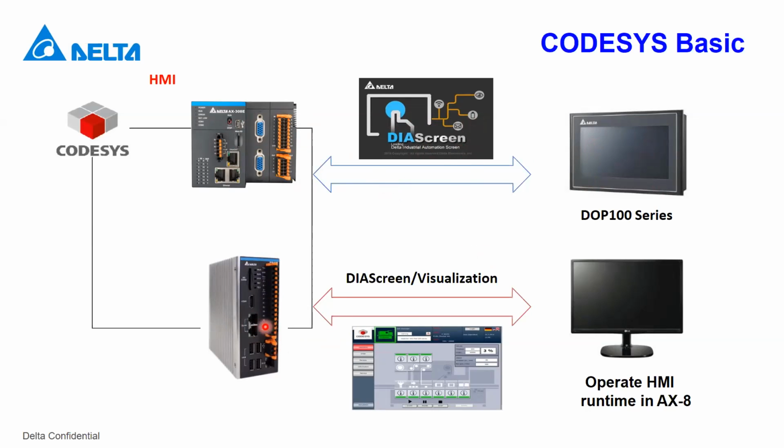And for AX8, because this is PC-based, you can connect either to DOP100 for simple or purely monitoring. And if you purchase the visualization option, then you can use the CODESYS software, or you can use the DIAScreen to edit the UI for the monitor.